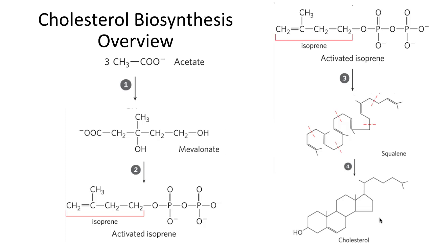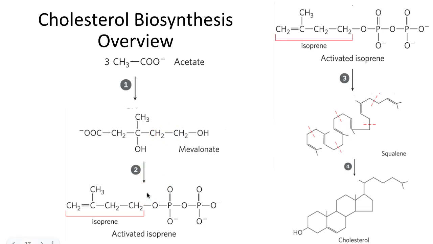So here are once again the 4 major steps of creating cholesterol. You have that acetate, which came from acetyl coenzyme A, to end up forming the mevalonate, and then you create that intermediate, the isoprene.